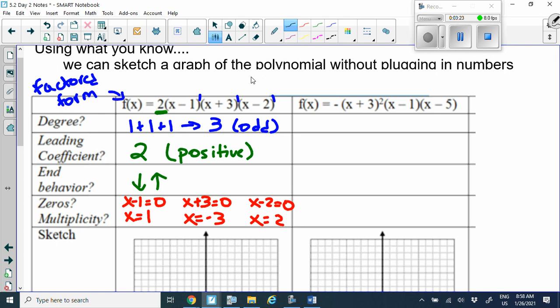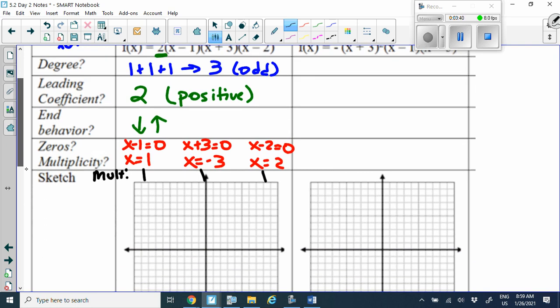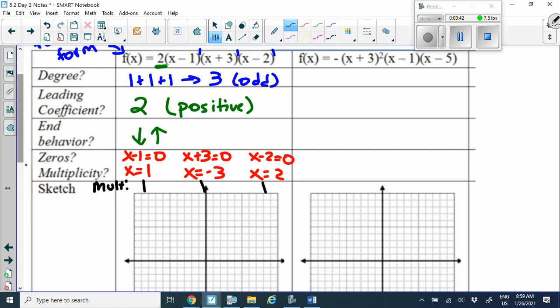Now let's talk about the multiplicity. So on each of them, look at the exponents. On each factor, the exponent is 1. So I have 1, 1, and 1. So that means that each of these we're going to cross, because the multiplicity is odd.